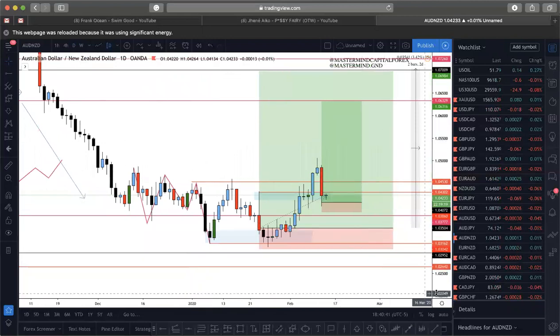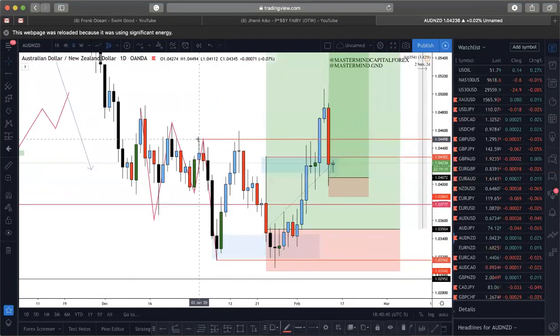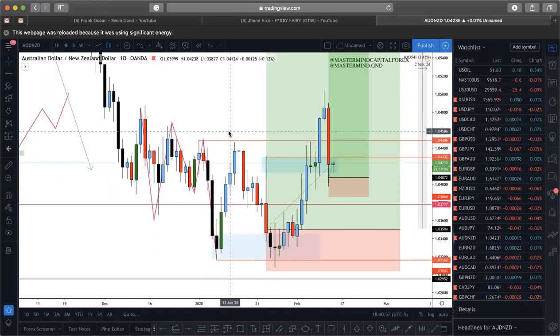Lower lows and lower highs, right? So this was the previous lower high. The market came up and surpassed that high, right? So what does that tell me? That tells me that the market was not making lower lows and lower highs.